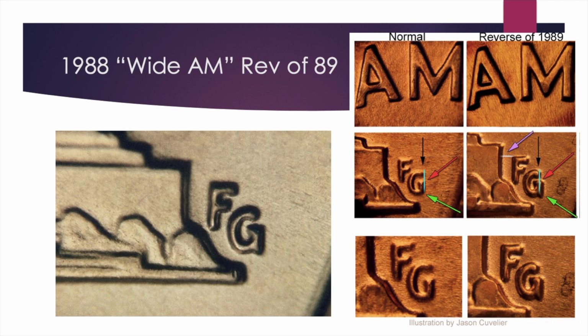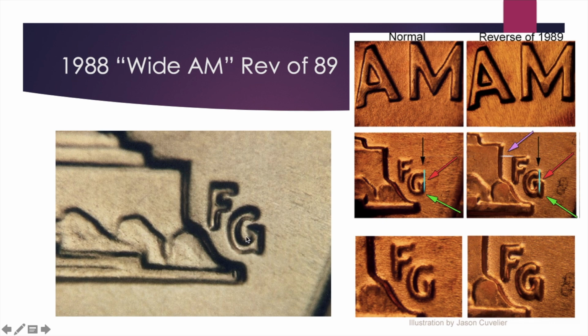So the first 2 actually are, I think, often misattributed or miscalled a wide AM because they should have a wide AM. What I mean by this is in 1988, there were some coins and they had this G where there is a bit of a loop as though it was coming back in, as well as a defined edge here.